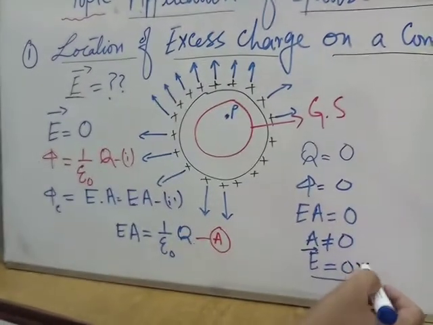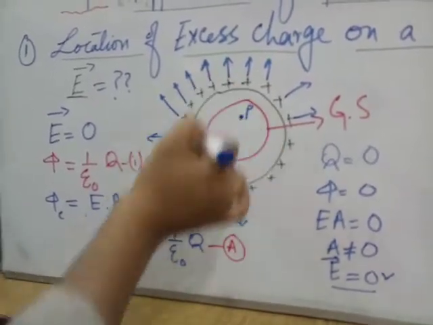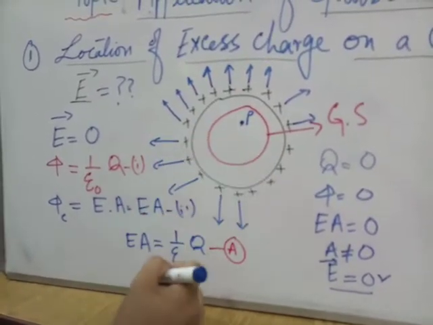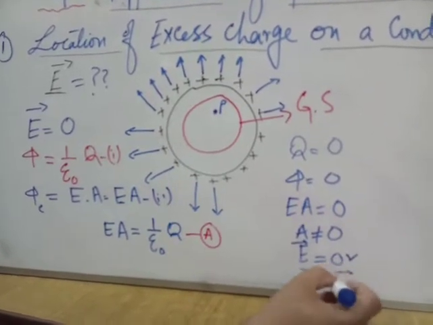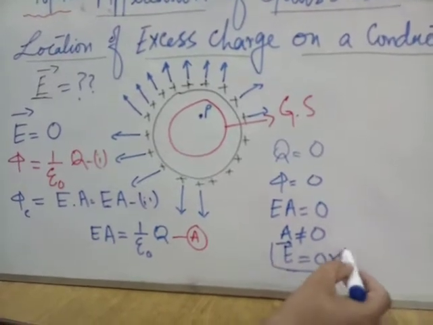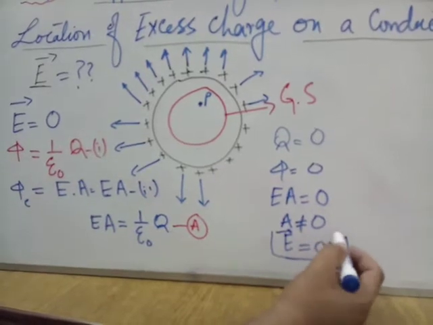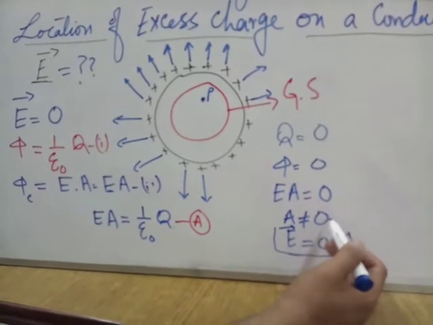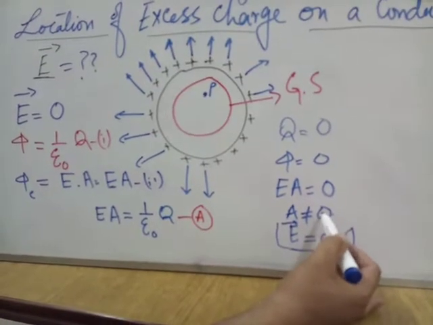So we can calculate for a hollow charged sphere, it is hollow from inside, no charge will be there. So we conclude that for a hollow charged sphere there will be no electric field intensity for that surface. This is 0 because the area is not equal to 0.